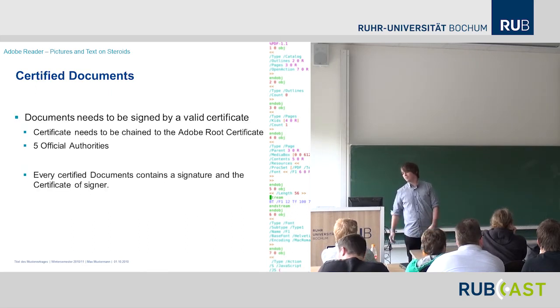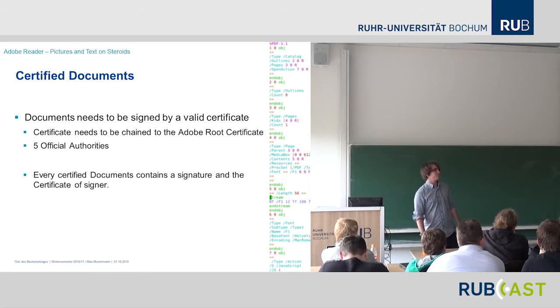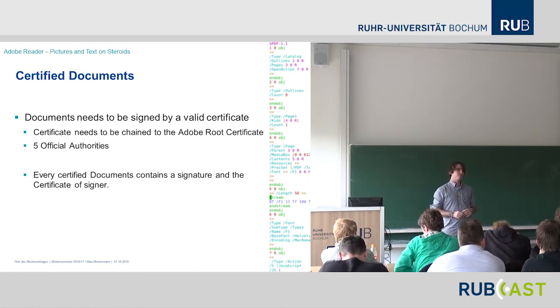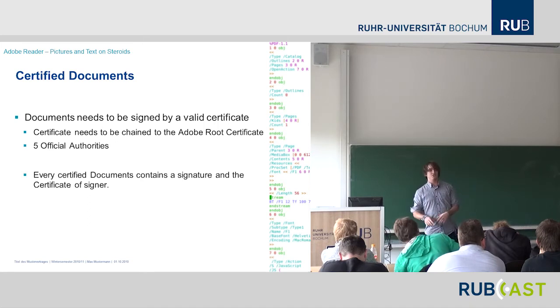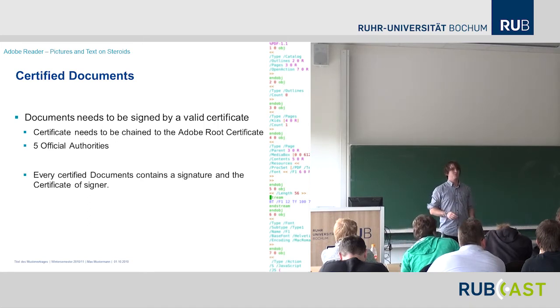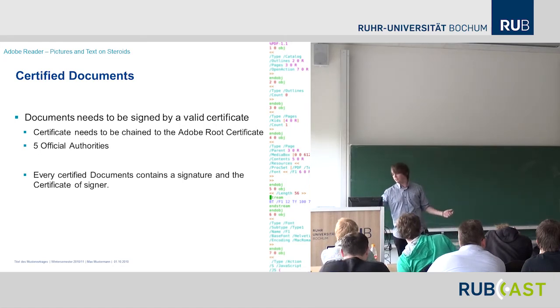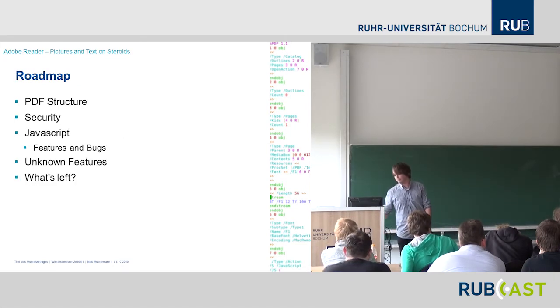But yeah, you can sign your PDF, and then basically the document contains your certificate and a signature, and it's not possible to modify the PDF anymore. But as I told you, I haven't looked really into this feature.